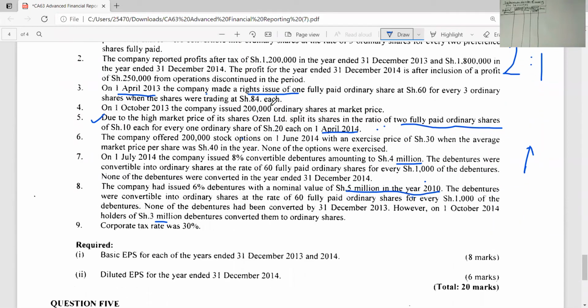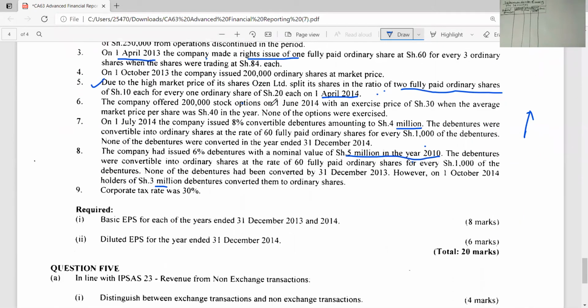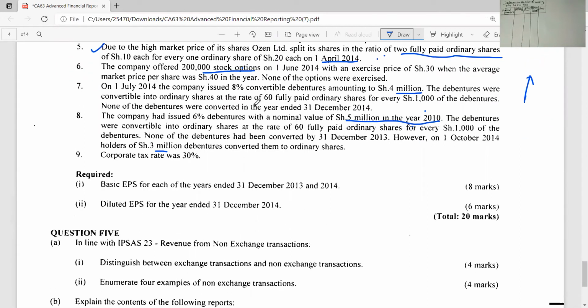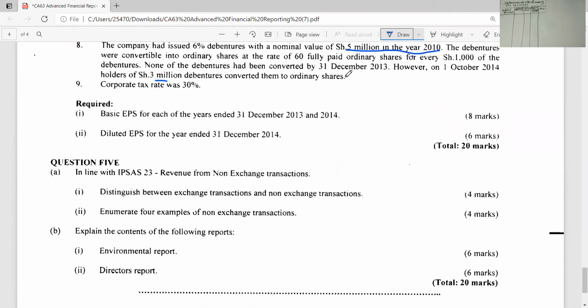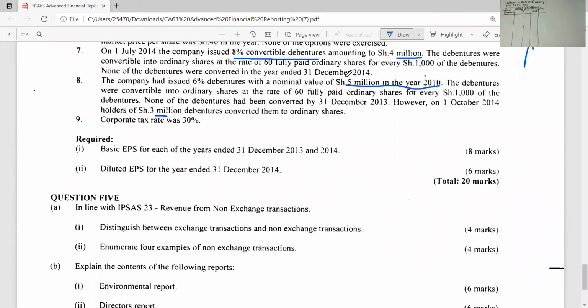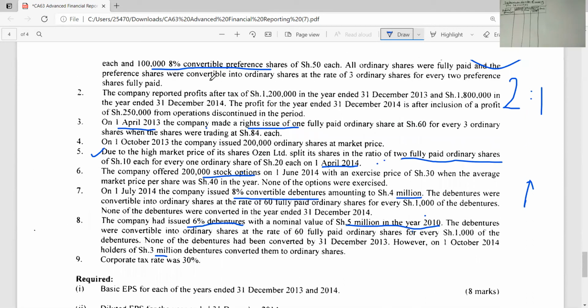Then we go to note 6, we have stock options. Then note 7, we have the 8% convertible debenture. And then note 8, we have this 6% debenture. Remember that it was convertible because it was converted. Out of the 5, 3 were converted to ordinary. So it's again convertible. Those are the potential securities we have.